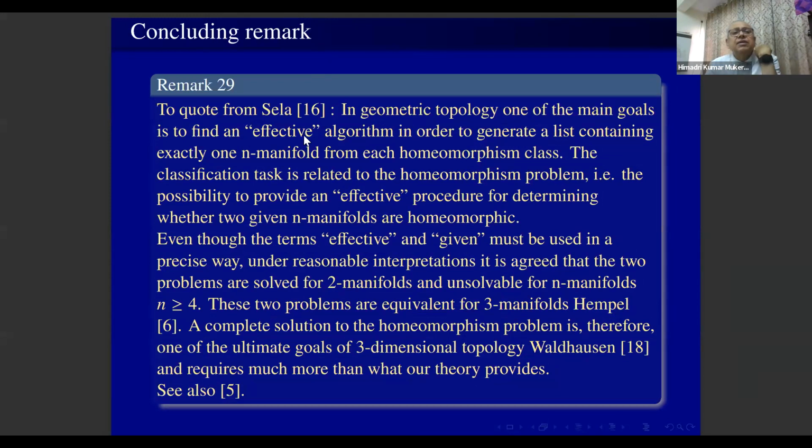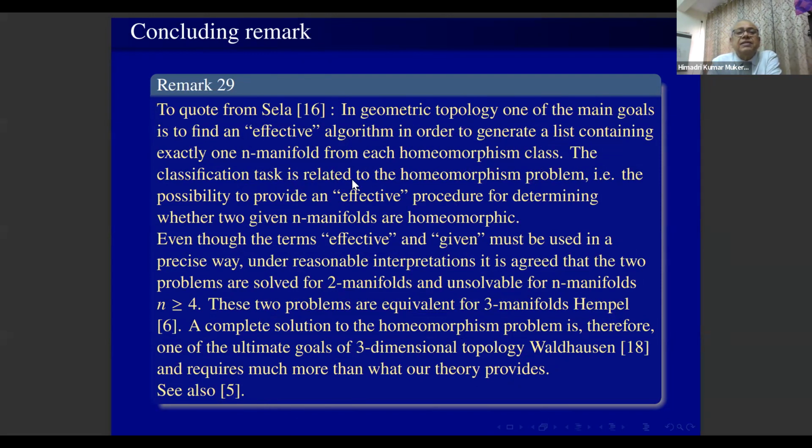Sela is one person who has given an isomorphism theorem for hyperbolic groups, and it was extended by another person, reference given here. What he told was that in geometric topology, one of the main goals is to find an effective algorithm to generate a list containing exactly one n-manifold for each homeomorphism class.